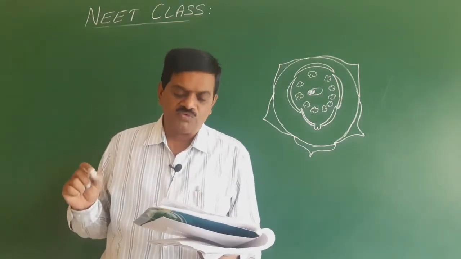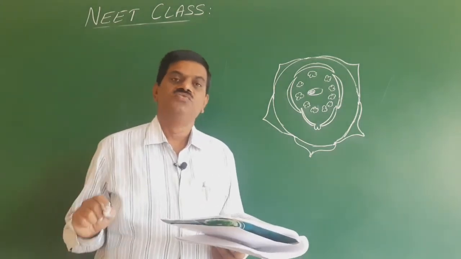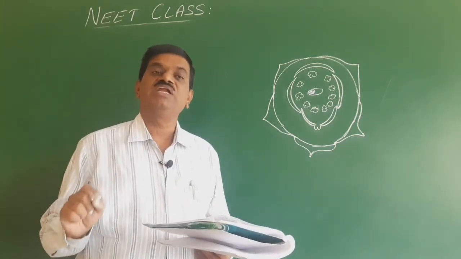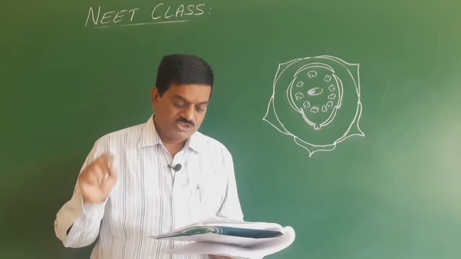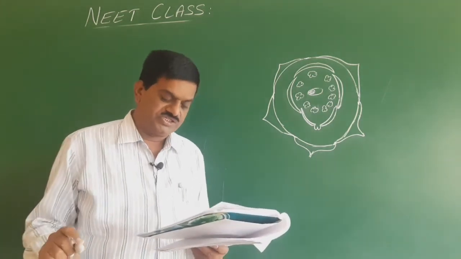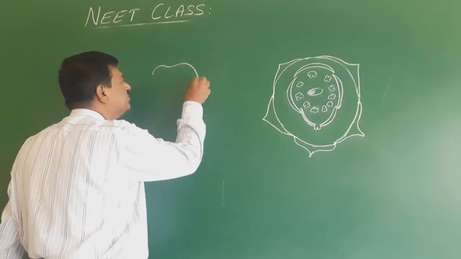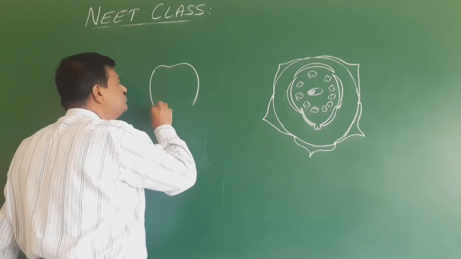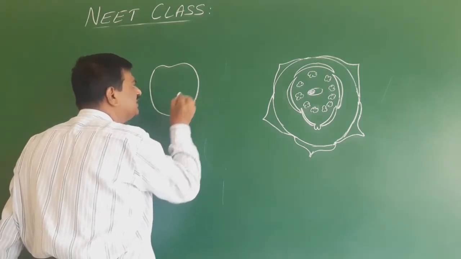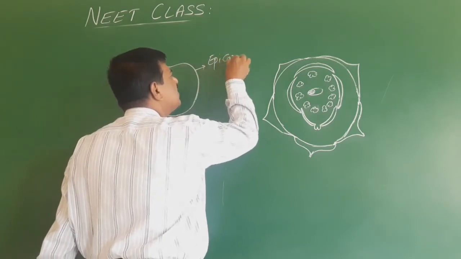In a drupe of coconut, so the coconut fruit is commonly called a drupe. In a drupe of coconut, mesocarp is. When you take a tender coconut, there is a green colored layer, and this green colored layer is called epicarp.